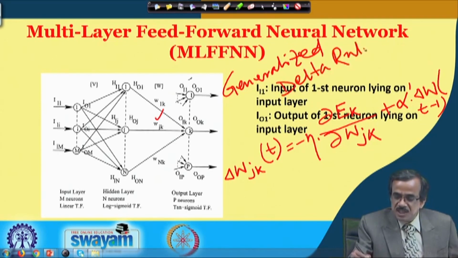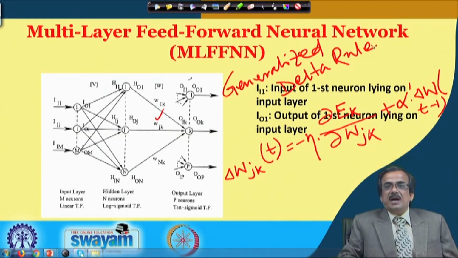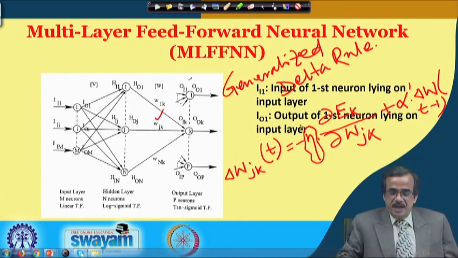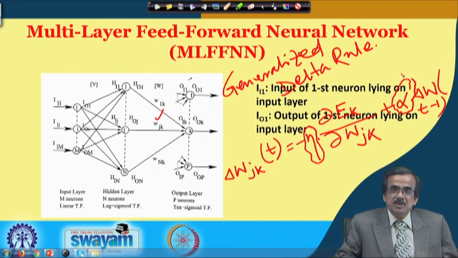Now, using this generalized delta rule, I will have to update these connecting weights, and I have already discussed that eta is nothing but the learning rate, and it has the range 0 to 1. Then alpha prime is nothing but the momentum constant, and the purpose of using the momentum constant I have already discussed.